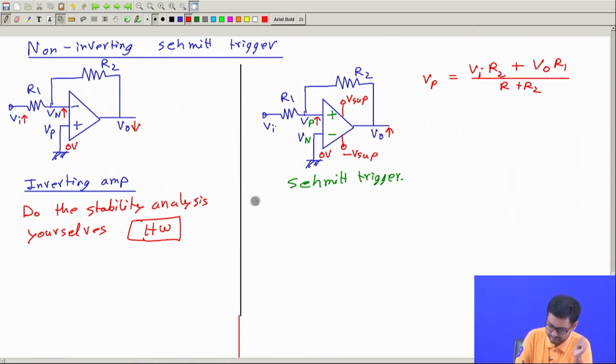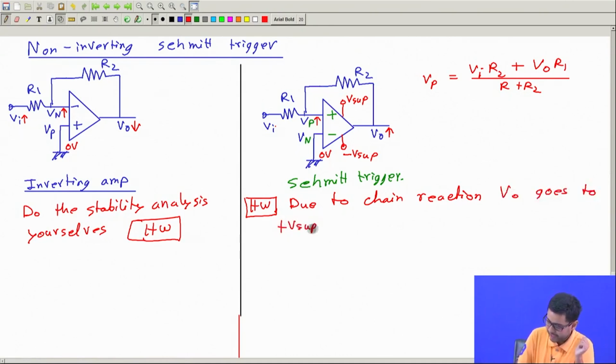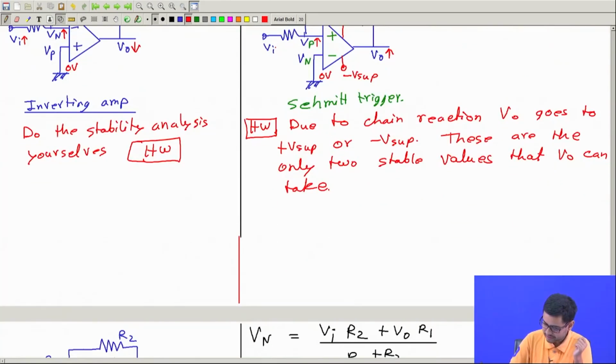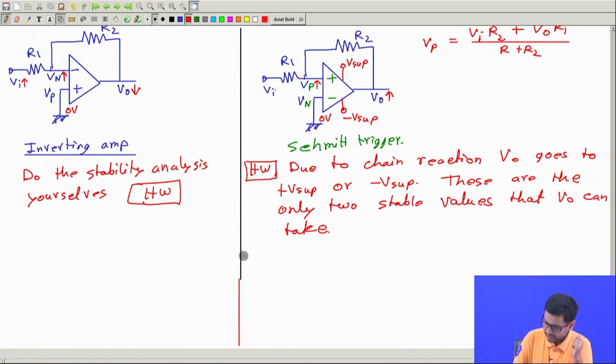So homework: convince yourself thoroughly that due to chain reaction, Vo goes to plus V supply or minus V supply, and these are the only two stable values that the output can take, that Vo can take. Output can take only these two values.